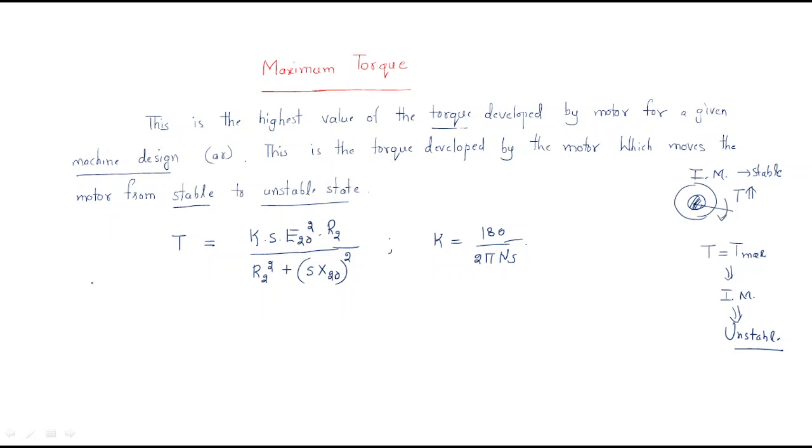Here the condition for the maximum torque can be obtained by differentiating the torque with respect to the slip.